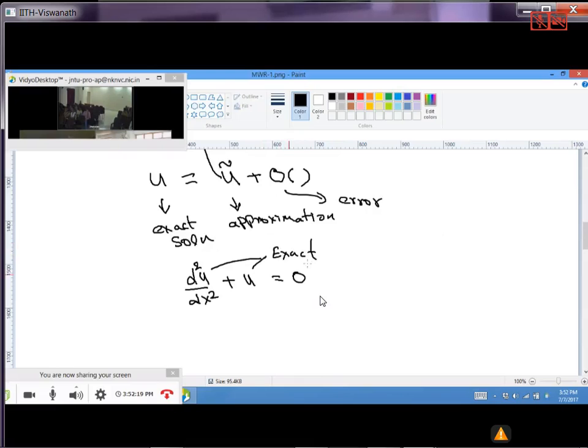But now, instead of the exact solution, I keep d square u tilde by dx square plus u tilde, which is not necessarily equal to 0, because this is an approximation.